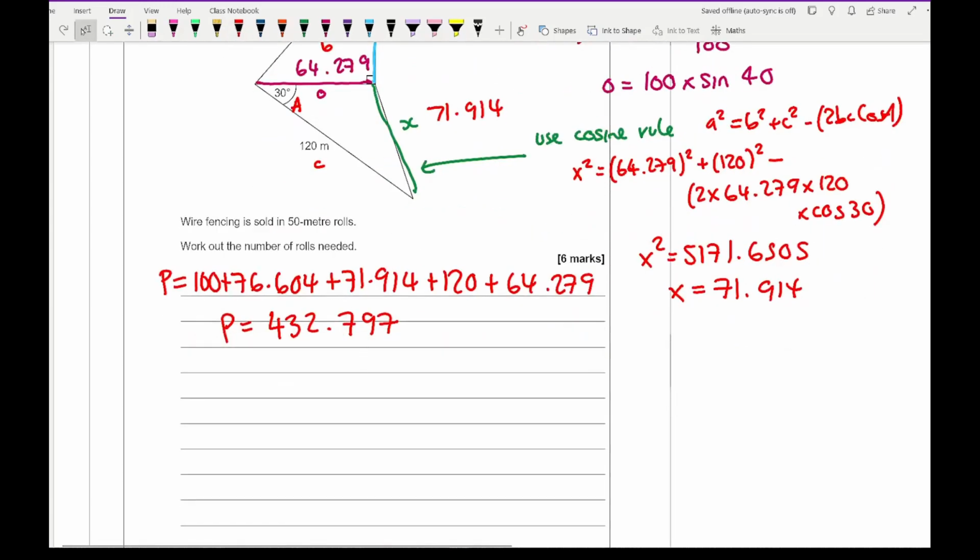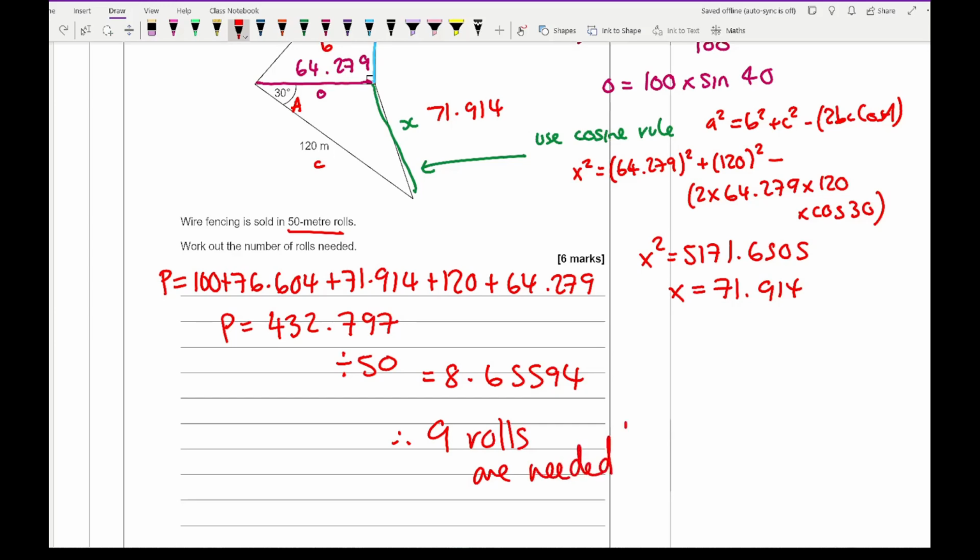Then it says that fencing comes in 50 meter rolls. So if I divide that by 50, I get an answer of 8.65594. So how many rolls are going to be needed? So 9 rolls are needed.